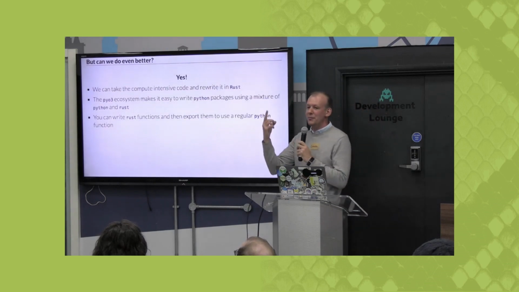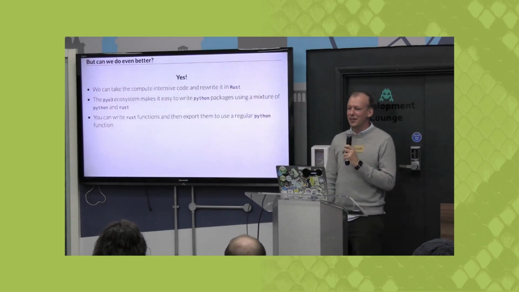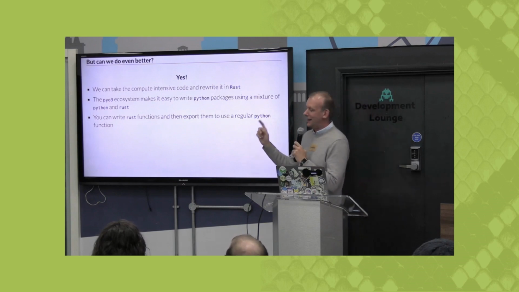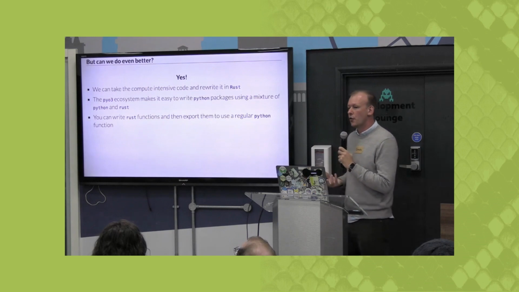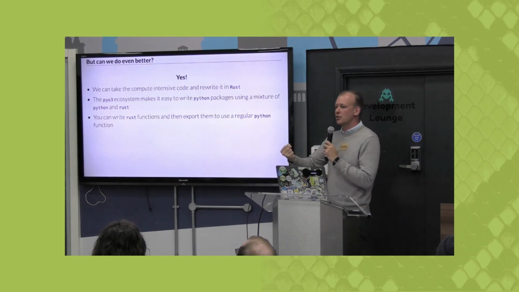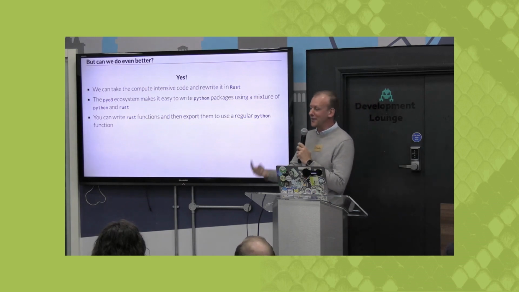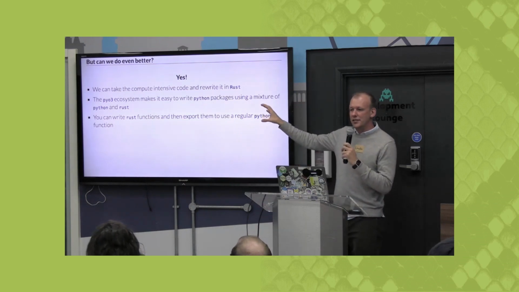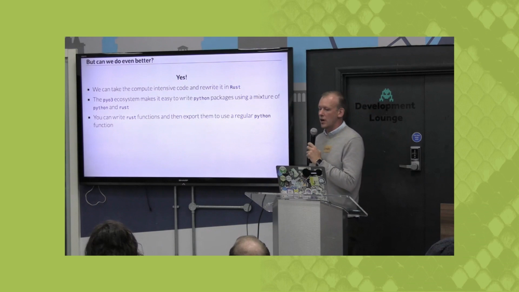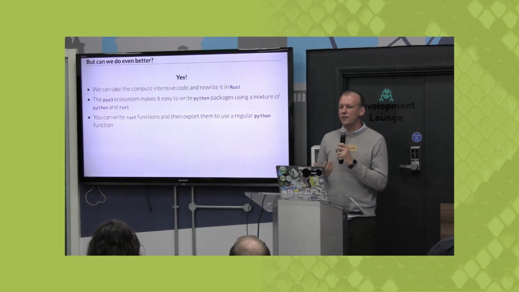But can we do even better? Because if we're taking 1.5 minutes to run this, I think we can. And I think this is a really good use case for writing compute-intensive parts of code in another language. So we can take this compute-intensive part and rewrite it in Rust. Rust is really great for working with Python.